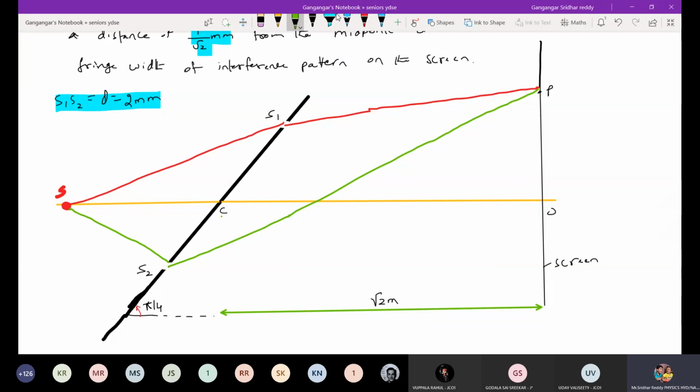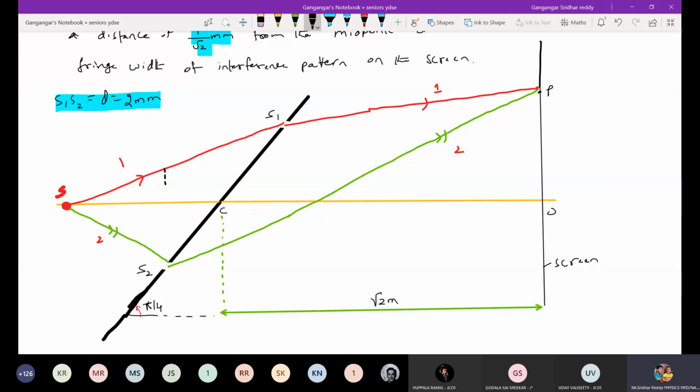He has given this distance as root 2 millimeter. So there's a ray 2, and there's a ray 1. Ray 1 will cover more path before the slits.